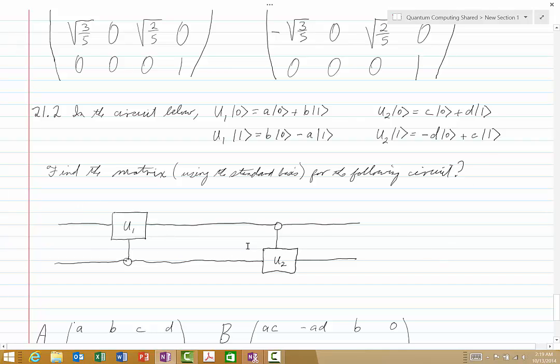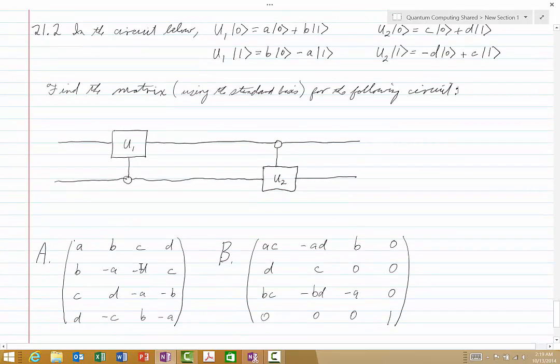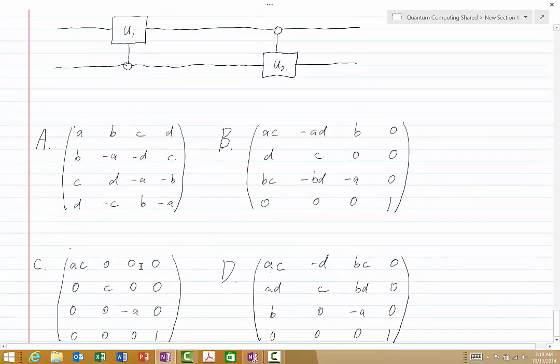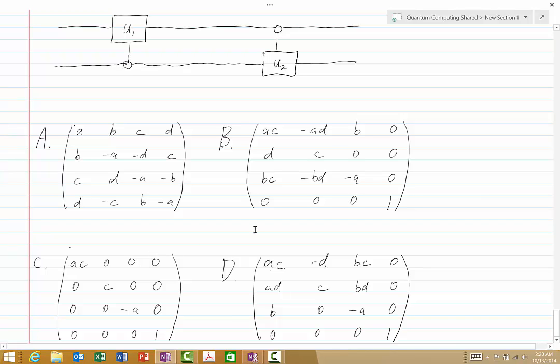And so for this circuit, I ask you find the matrix using the standard basis for the following circuit. And so here's the circuit. Again, you want the matrix relative to the standard basis. And so here are your 4 choices.